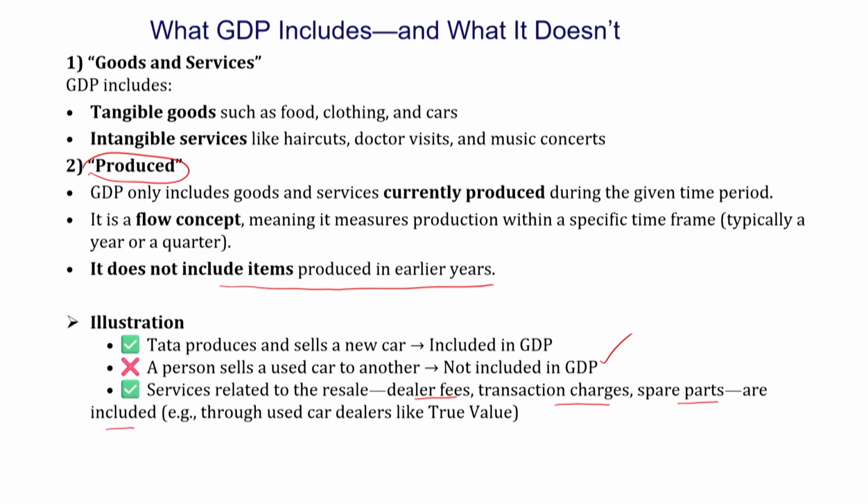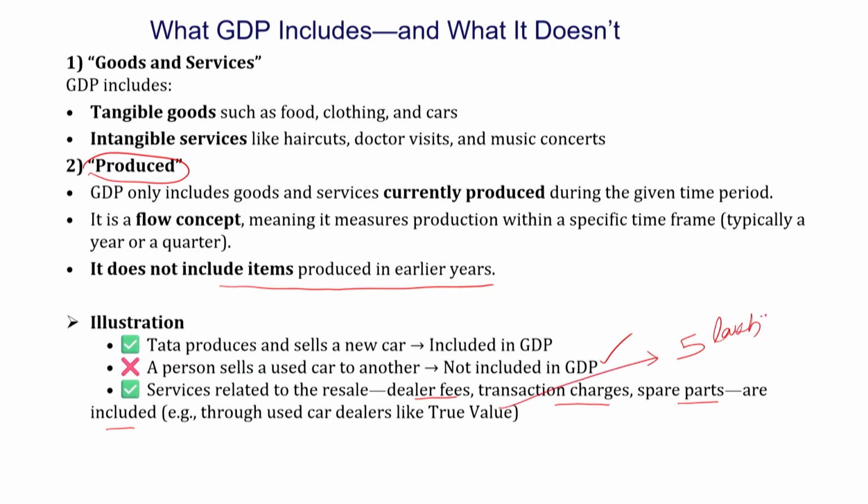So that part, the services related to this resale, is part of the GDP. You can see this, for example, through used car dealers like Maruti True Value. There, what is the original purchase value when the company buys that car? For example, it bought one car for 5 lakhs, that is the purchasing price by this company.